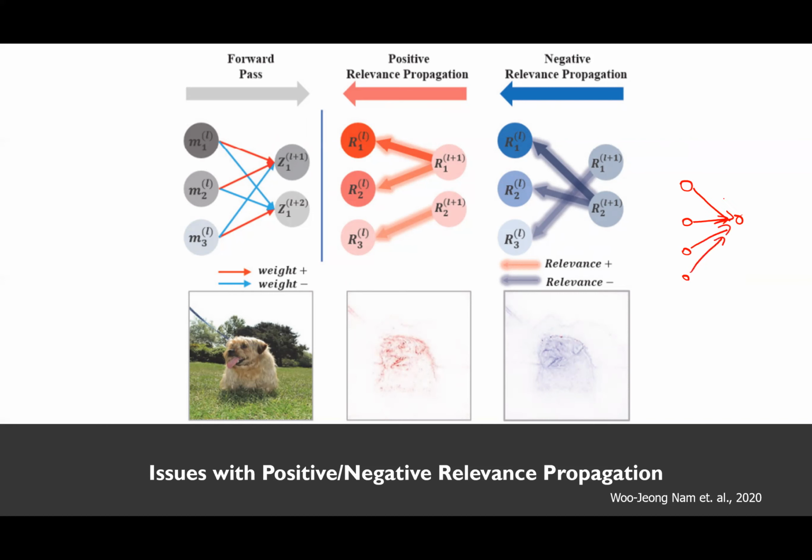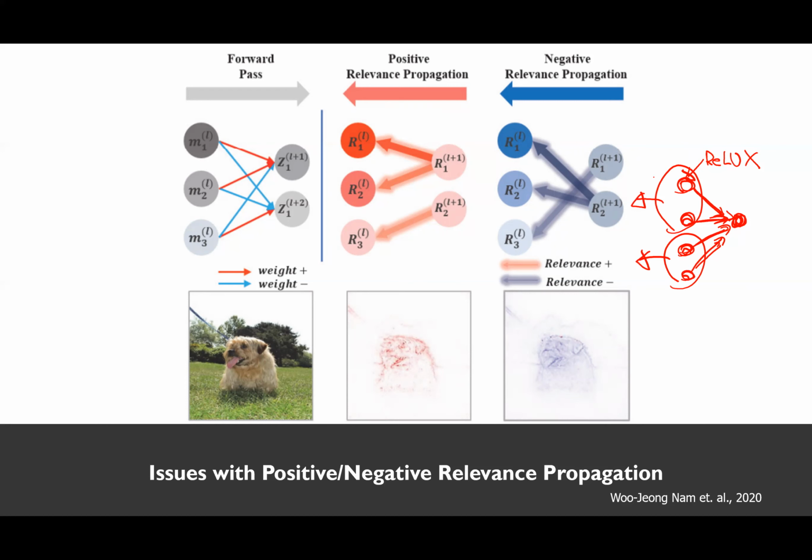People may not put in much nonlinearity, and any positive or negative value will go through to the final outcome. When we compute the propagation of the relevance score in the final output, some nodes will have positive values, but other nodes will also have negative values. So we can take the positive and negative values and propagate relevance.